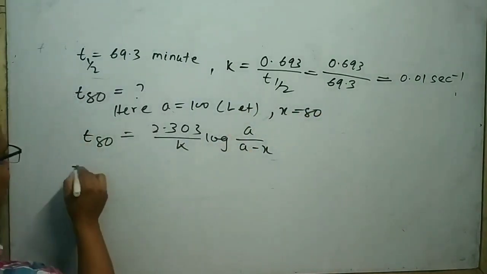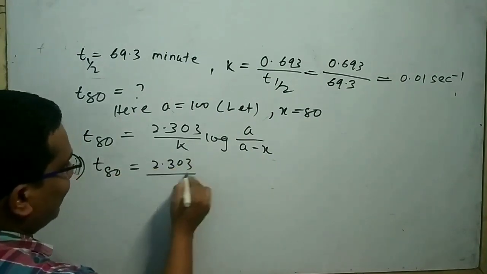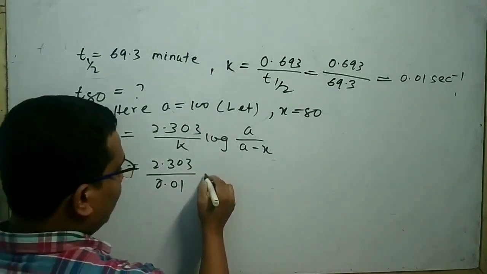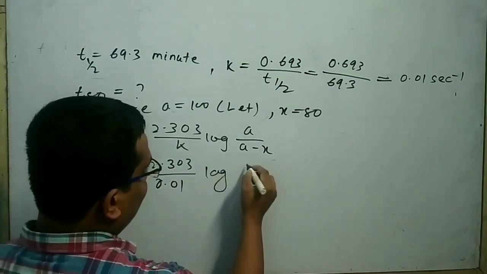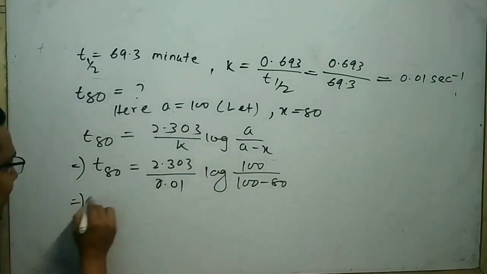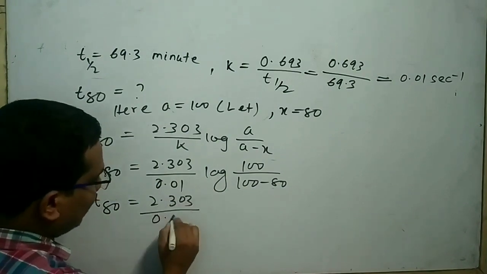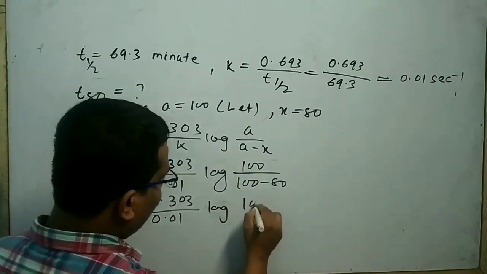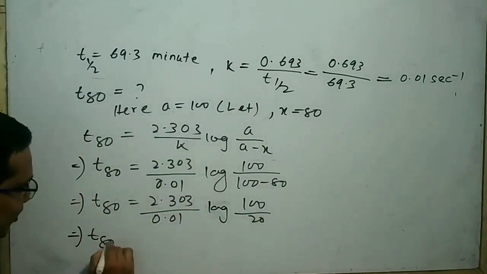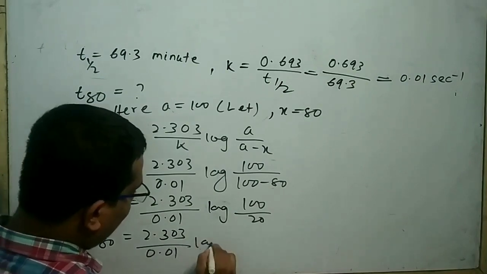Now put the value: T80 is equal to 2.303 divided by 0.01 into log of 100 by (100 minus 80). That means T80 is equal to 2.303 divided by 0.01 into log of 100 by 20, which is 2.303 divided by 0.01 log 5.